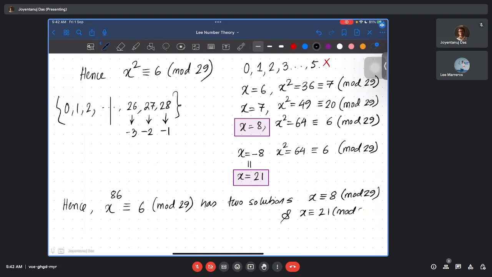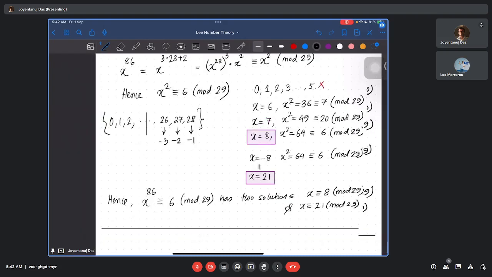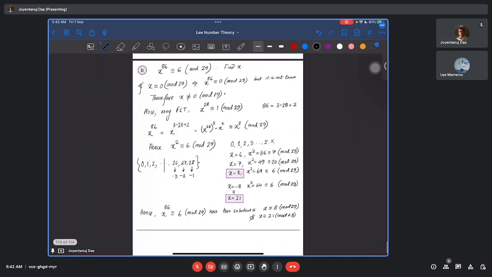So these two are the solution set. So this is fine, right?